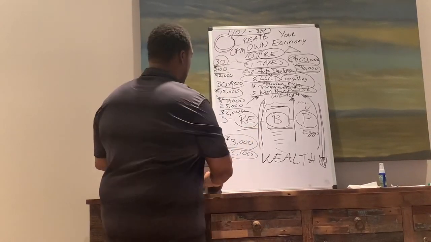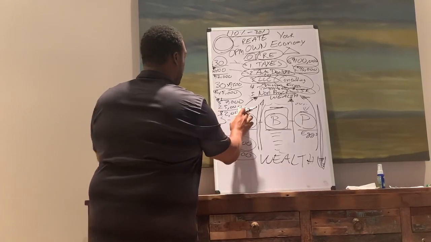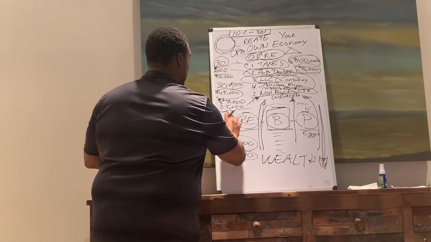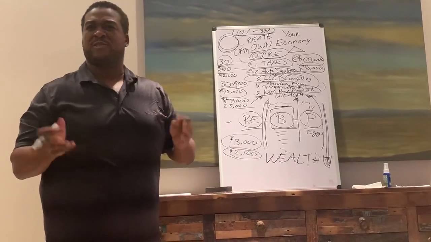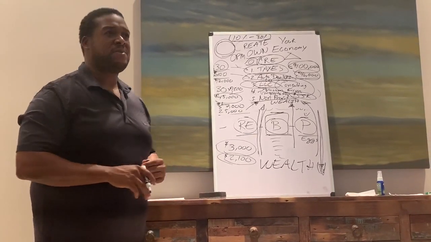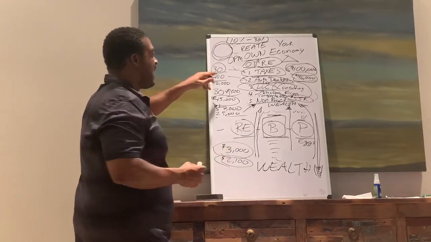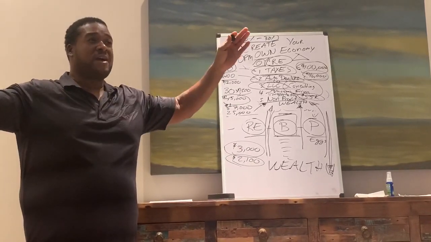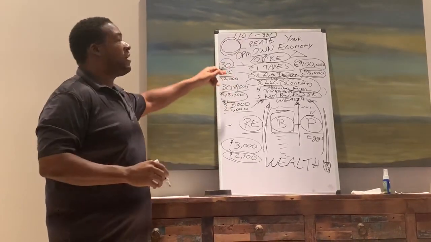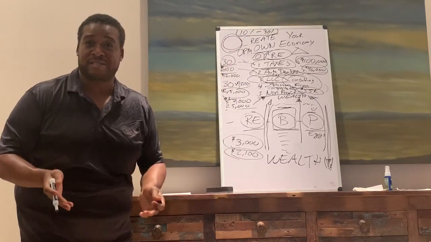Let me erase this right here. No, this is my point of reference. If you were to get an average person access to about $25,000, how many people in this room want access to capital? Of course, everybody. So if you had 30 clients and asked, do you need access to more capital?